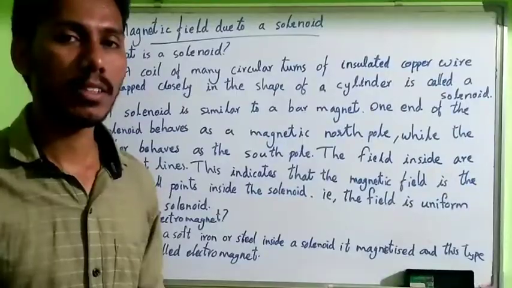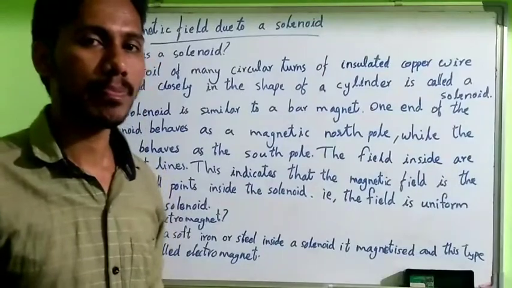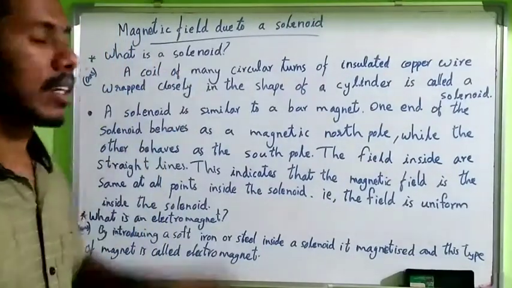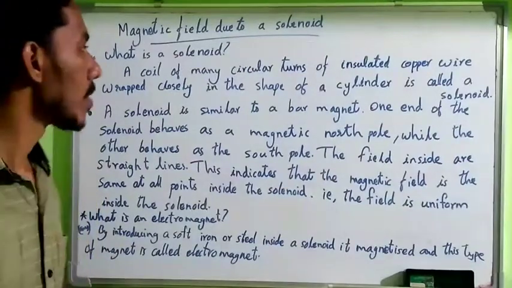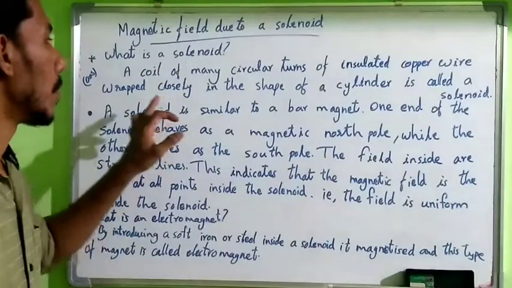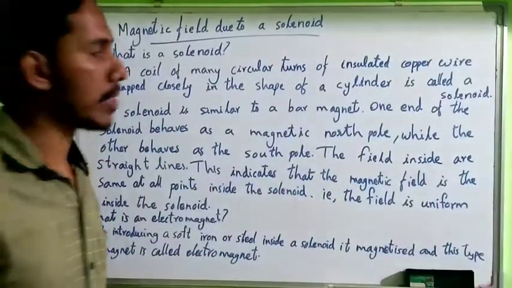Okay, next one is magnetic field due to a solenoid. First question, what is a solenoid? A coil of many circular turns of insulated copper wire wrapped closely in the shape of a cylinder is called a solenoid.